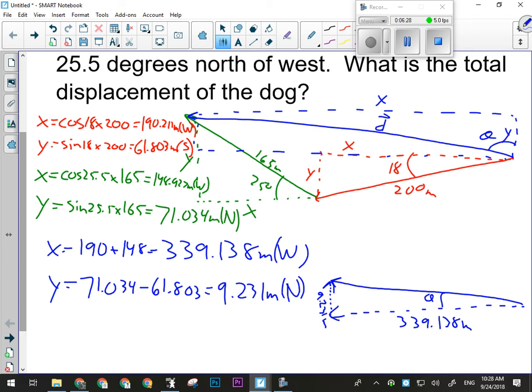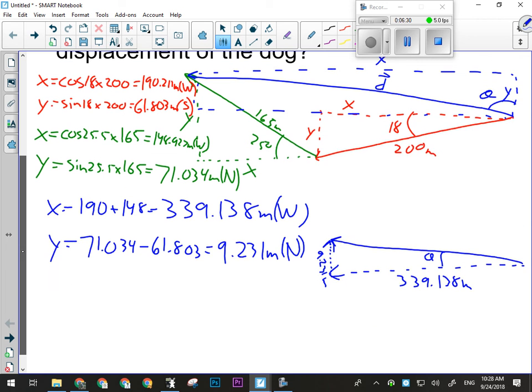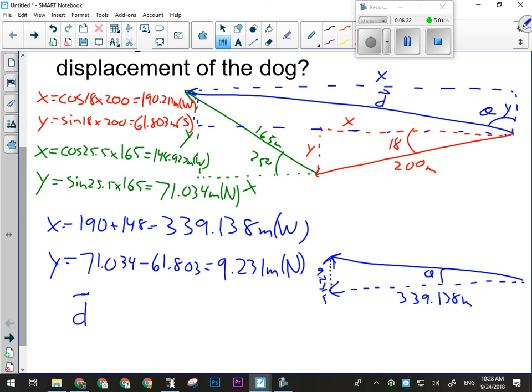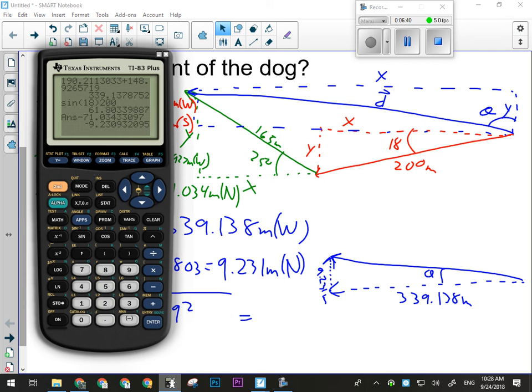All right, now that I have those, I can find what my overall displacement is using the Pythagorean theorem. So we have our 339 squared plus our 9 squared, obviously with all the decimals. But I'm squaring it, so the sign won't matter.